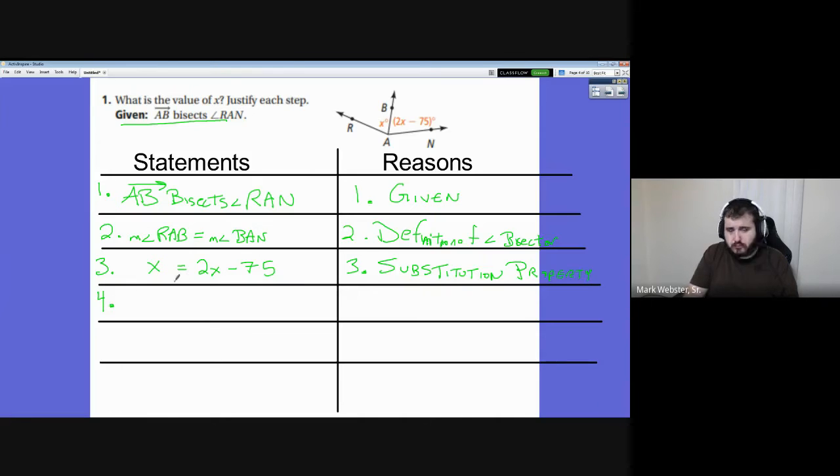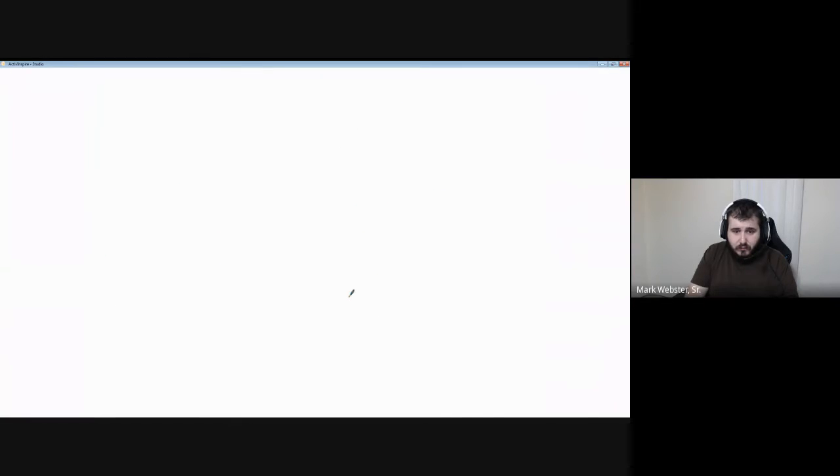Now, again, it's totally up to you how you end up doing this, but I want to do this as quick as possible. I'm going to subtract the 2x over to the other side, leaving me with negative 1x equals negative 75. And again, why is it true that I was able to write down step 4 from step 3? Because I subtracted.